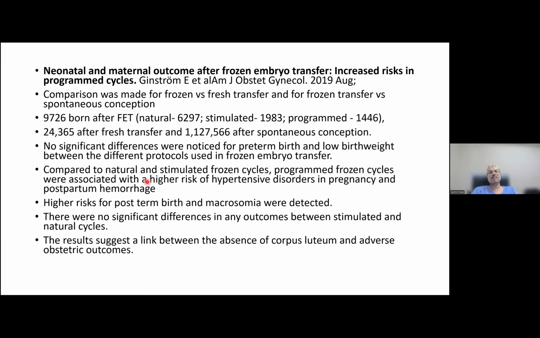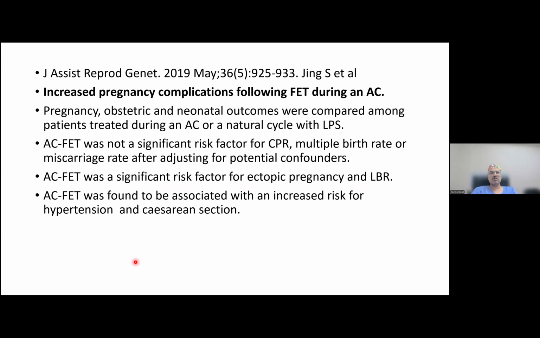They found that compared to natural and stimulated frozen cycles, programmed frozen cycles, that is hormonal cycles, were associated with a higher risk of hypertensive disorders of pregnancy, what we call HDP, and postpartum hemorrhage. Higher risks of postpartum birth and macrosomia were detected. No significant differences in outcomes between stimulated and natural cycles. And this suggested that there is a link between the absence of corpus luteum and adverse obstetric outcomes.